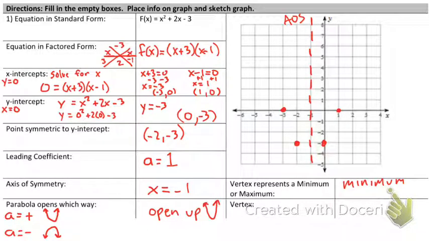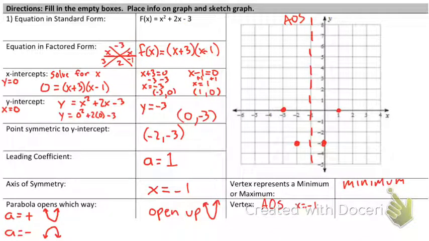All right. And how do I find the vertex? Very simple. Once you find the axis of symmetry, it's x equals negative 1 in this case. What we're going to do is take x equals negative 1 and plug it into the x value of our standard form equation.